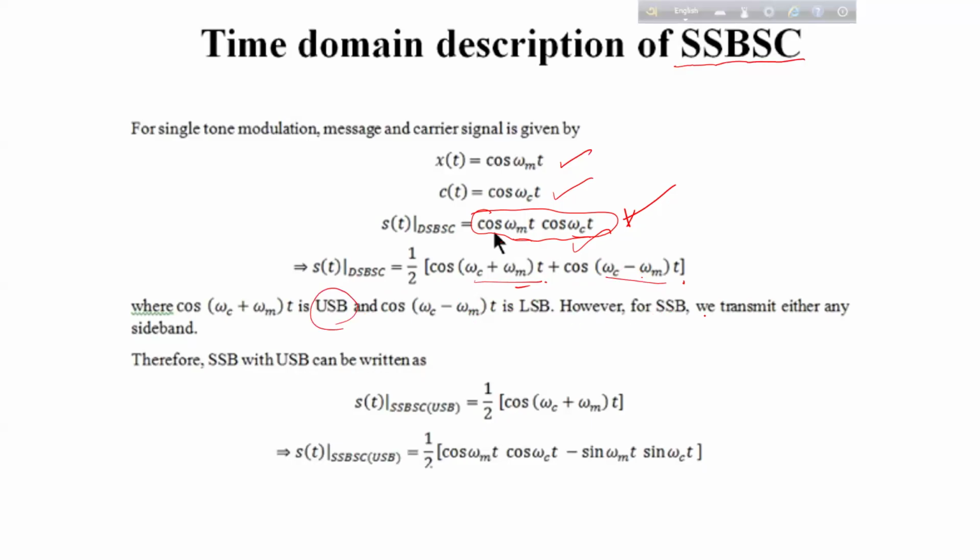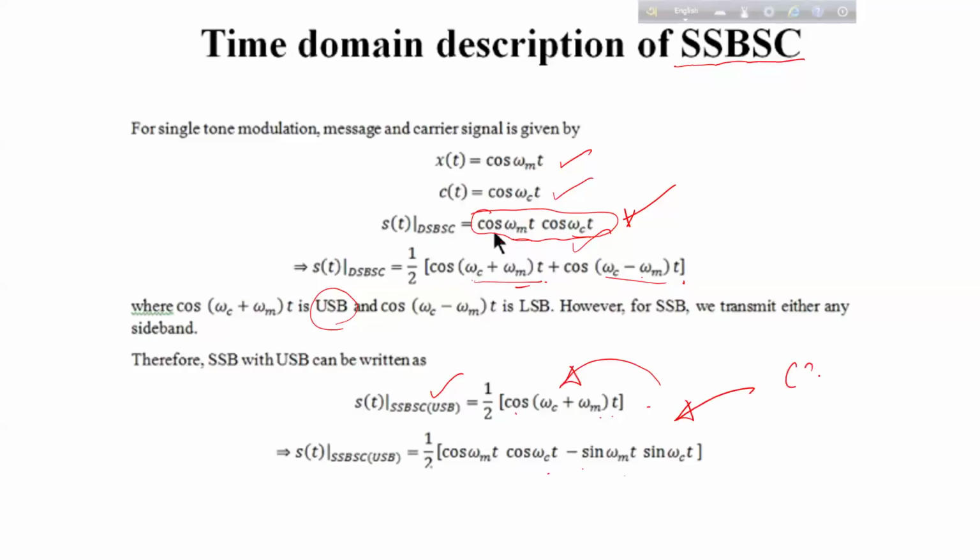However, for SSB, we transmit either one sideband. Therefore, SSB with USB can be written as, if you take the upper sideband, half cos omega c plus omega m t. Applying another algebraic formula, we can simplify this as half, cos omega mt cos omega ct minus sin omega mt sin omega ct.